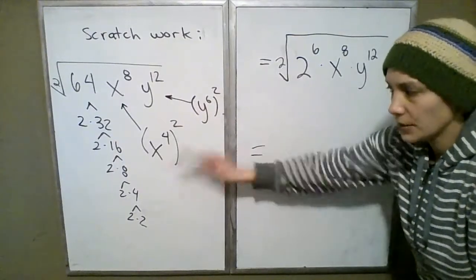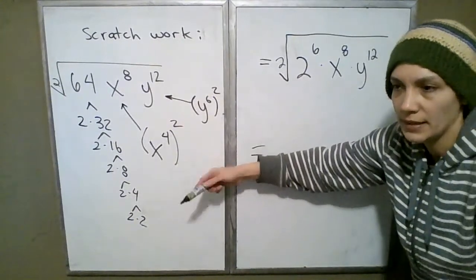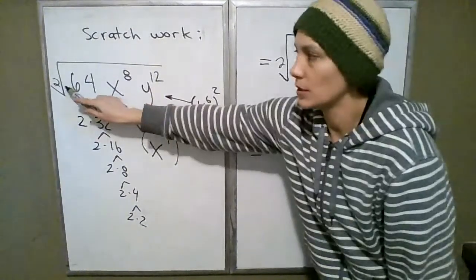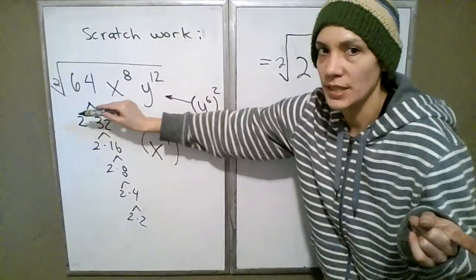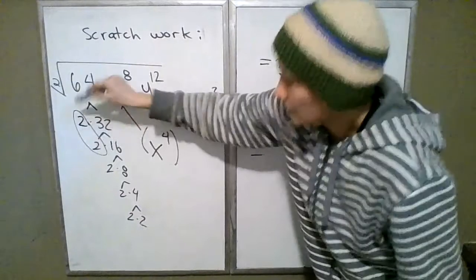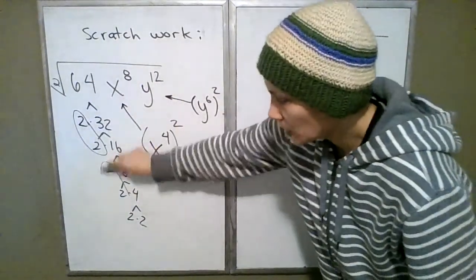So kind of going back over here, if I were working on this before, like in the math lab as a student, I usually thought, okay, the root is 2. If I have 2 of the same factor, that number comes out. So since I have 2 2's, I'll bring out a 2. There's another 2 2's, so we're going to bring out another 2.